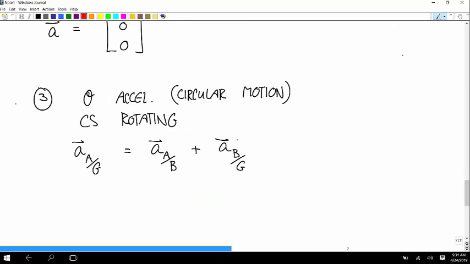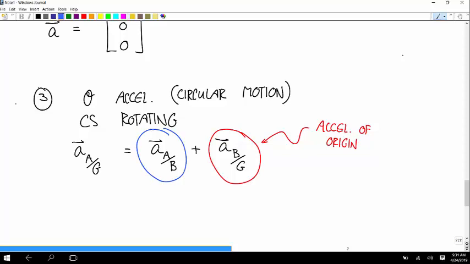This is the acceleration of the origin. And this is the acceleration relative to the origin, using the rotating coordinate system approach.